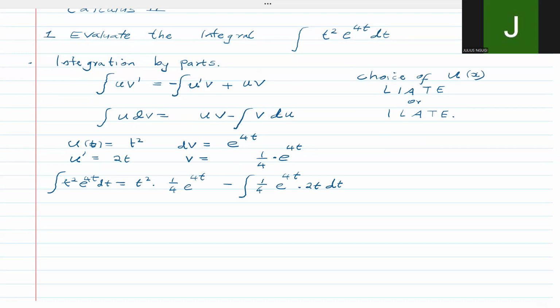Now, to clean this up, you have t squared divided by 4 e to the power of 4t minus. There is a number 2 there, so you can factor it out of the integral sign, and then 1 over 4, so you get 2 over 4. Then you integrate e to the power of 4t, and since it's multiplied by t, you can put a t in front, with respect to t.